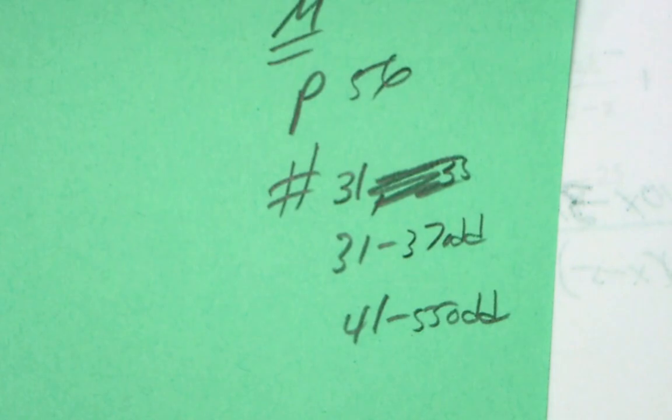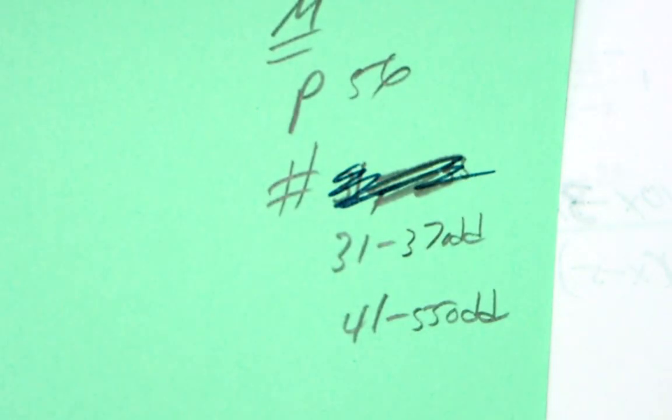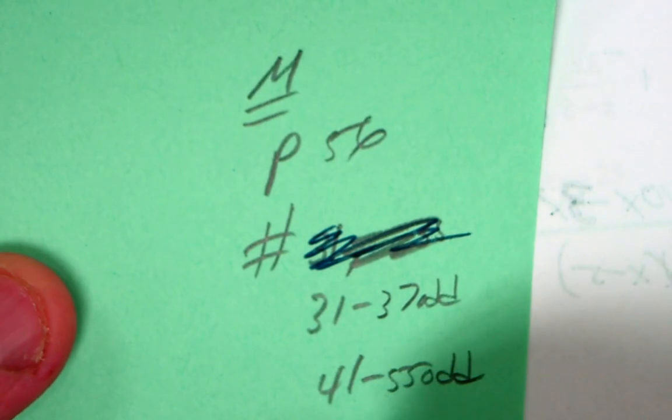Page 56. 31 through 37 odd, 41 through 45 odd. Whoa. You know what? Get rid of 45. So 45, get rid of that one.